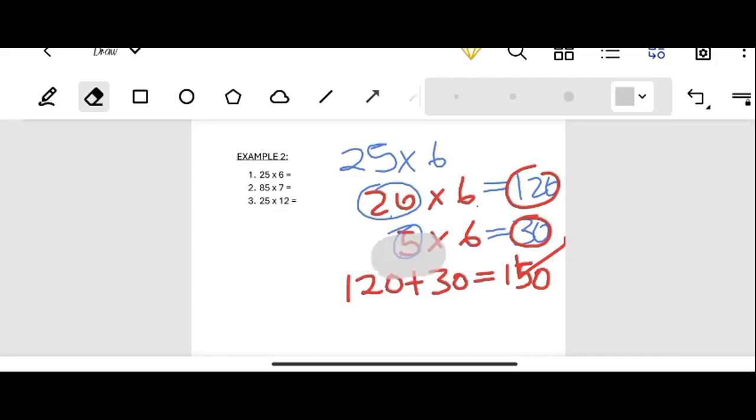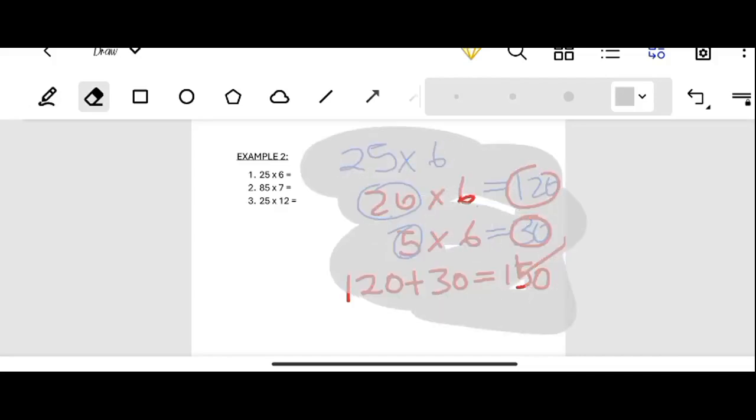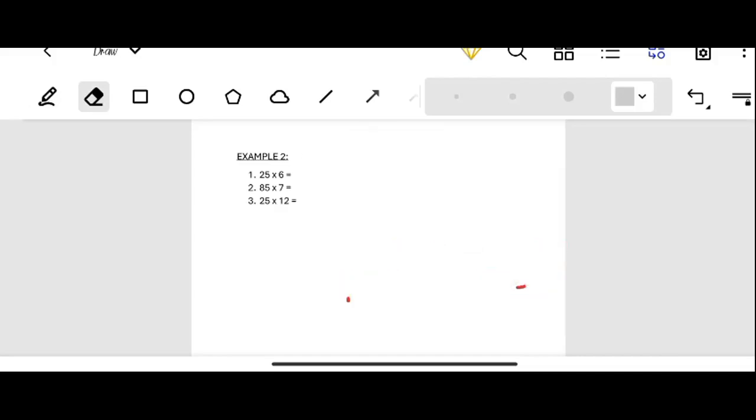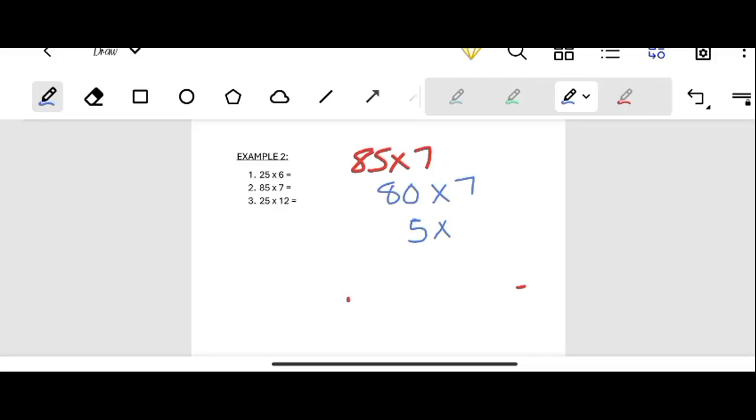The next one that we're looking at is number 2, which says 85 multiplied by 7. What do you do? You divide. Write the tens, multiply by the 7, and then the units, multiply by the 7. Firstly, you determine what is 80 multiplied by 7, which is going to give us the value of 560.